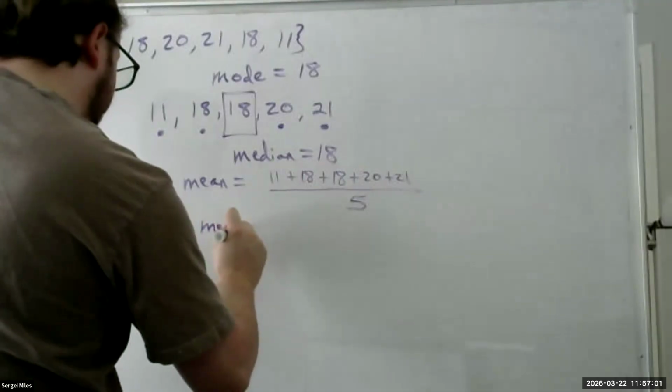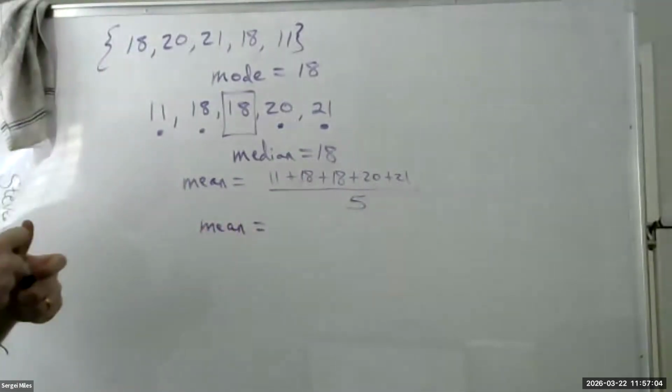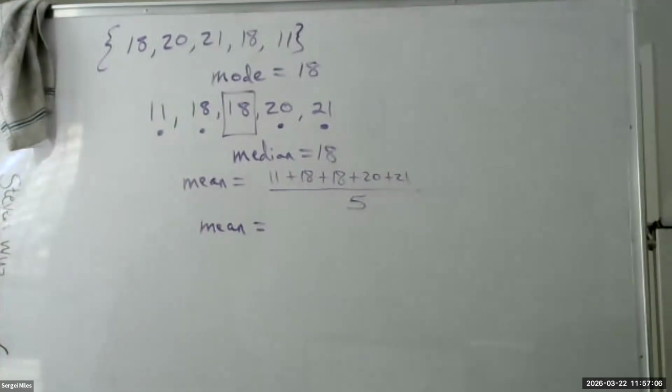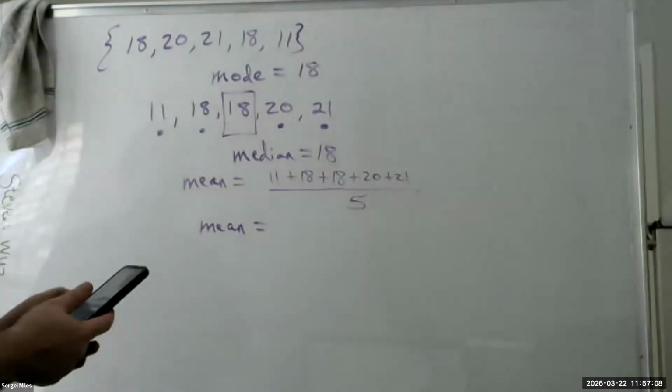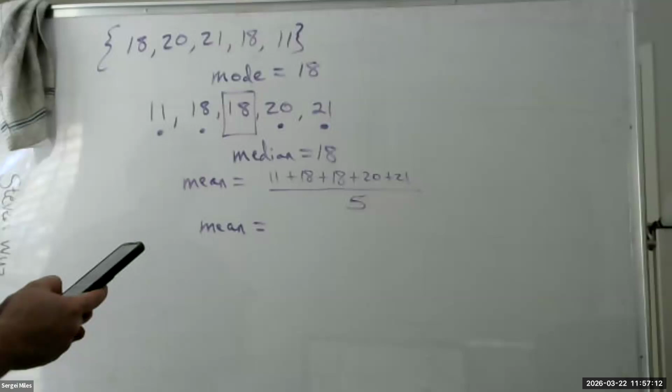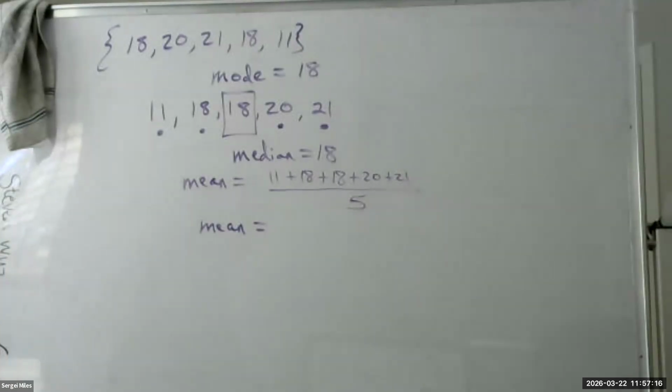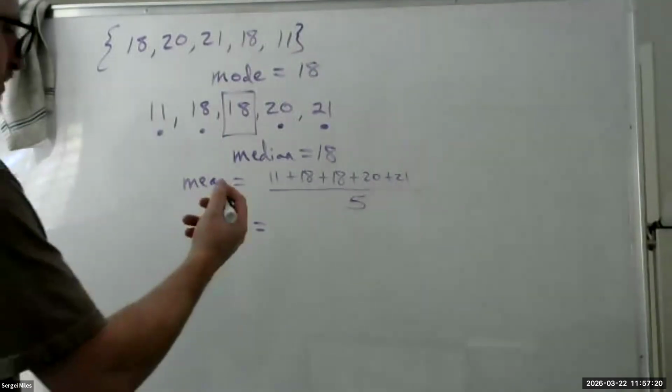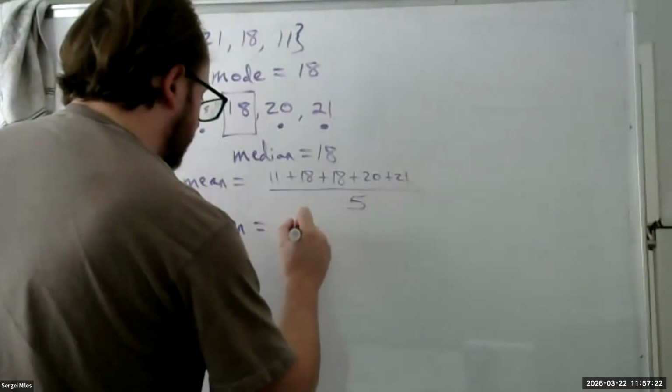And so it has a mean of, we go to a calculator, we will get here 11 plus 18 plus 18 plus 20 plus 21 divided by 5. And we have an average of 17.6.